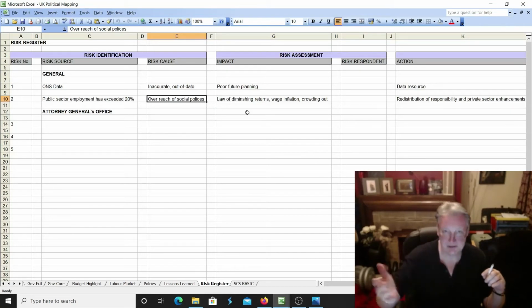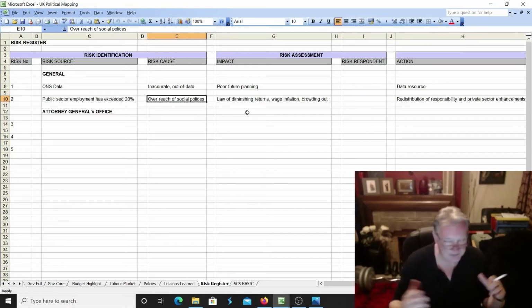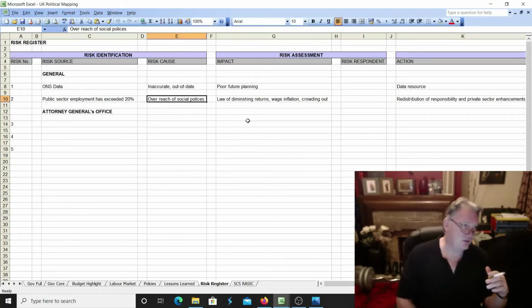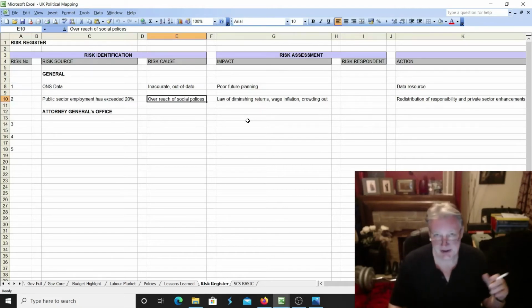Interesting again for anybody outside of the UK, take a look and see how things are working in your countries, because when you're looking at people arguing about whether you live in a capitalist system or not, and capitalism is the biggest problem in the world, if you've got this size of government, you're not operating in a capitalist system.